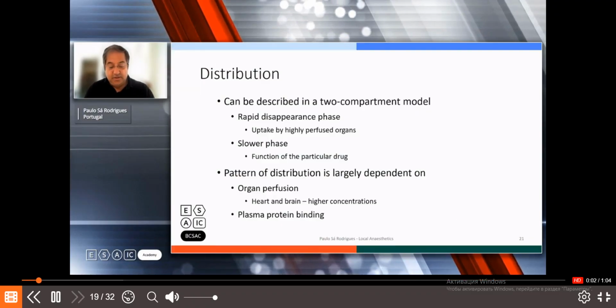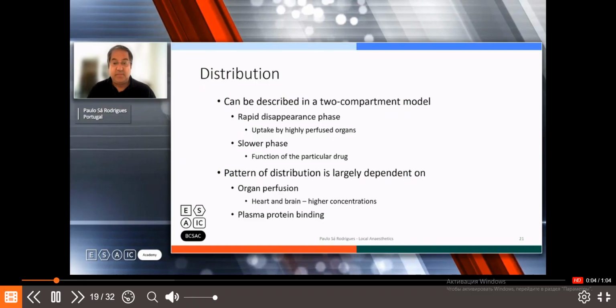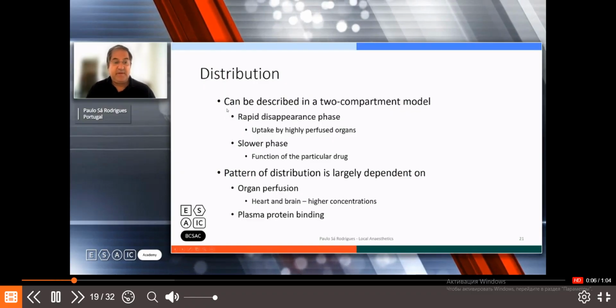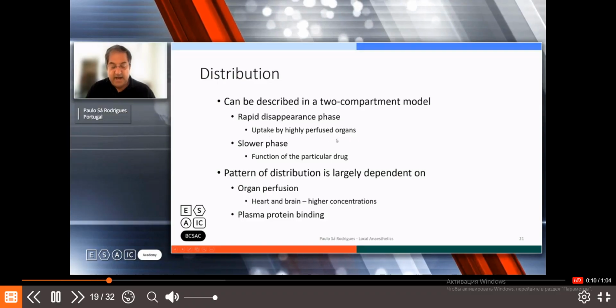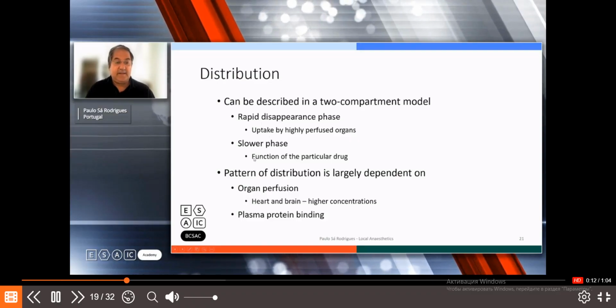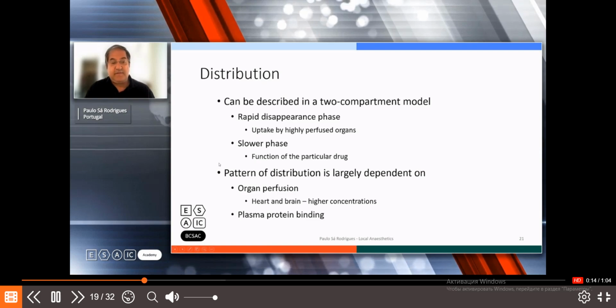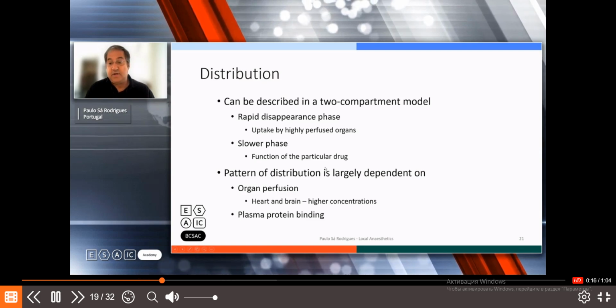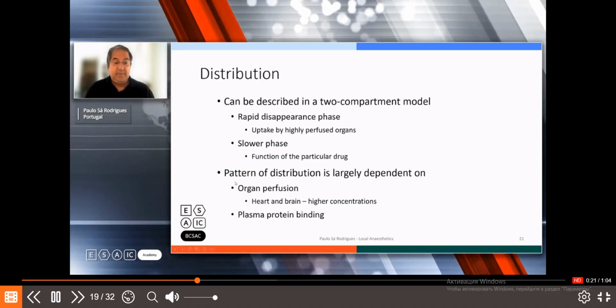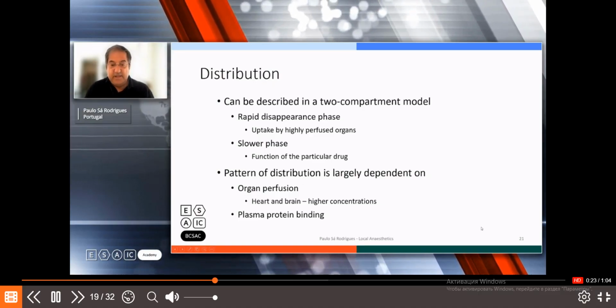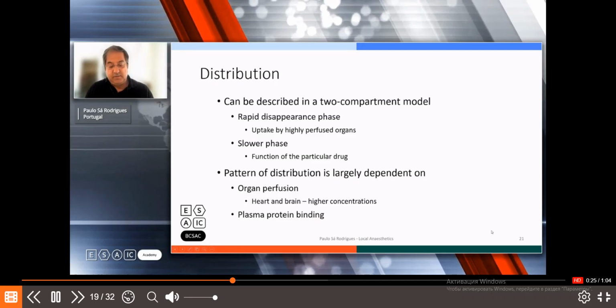Regarding distribution, it can be described in a two-compartment model with a rapid disappearance phase by uptake into the highly perfused organs, and then a slower phase, which is a function of the particular drug, its lipophilicity, and protein binding. The pattern of distribution will be largely dependent on organ perfusion.